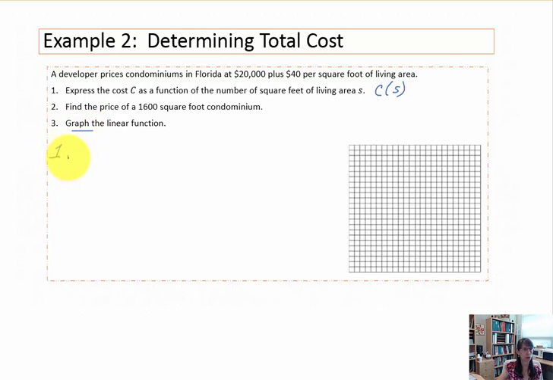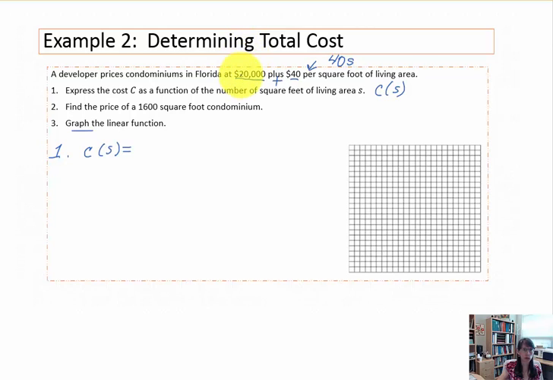So going back to part 1, express the cost as a function of the number of square feet. We've started with this notation, cost is a function of square feet. To get the rest of this linear function, we'll go back to the scenario, and it tells us that the developer prices condominiums at $20,000 plus $40 per square foot. So per square foot says 40 needs to be multiplied by the square footage.